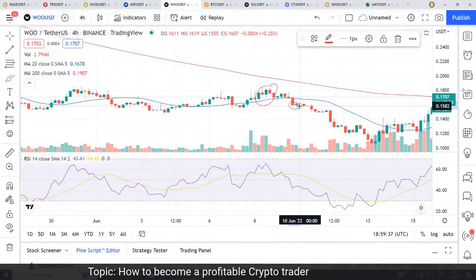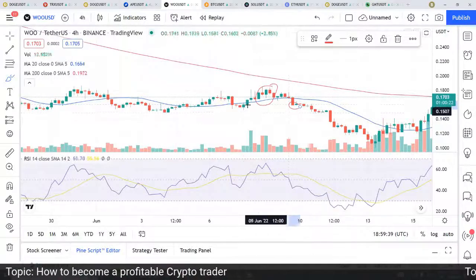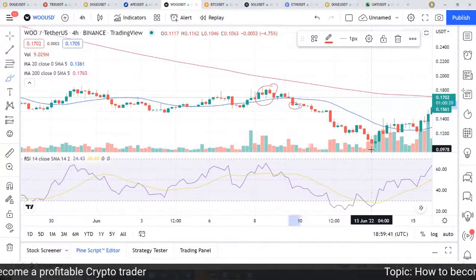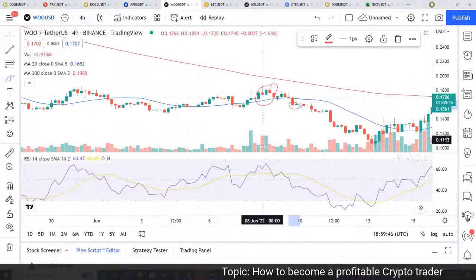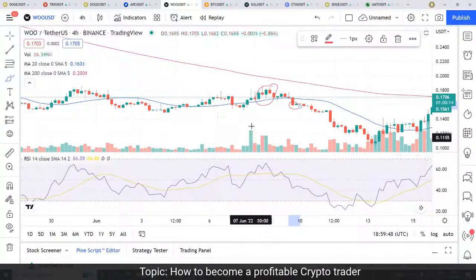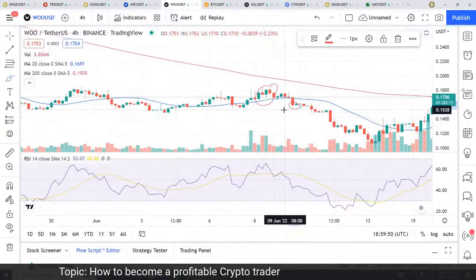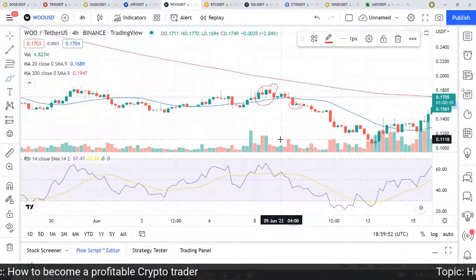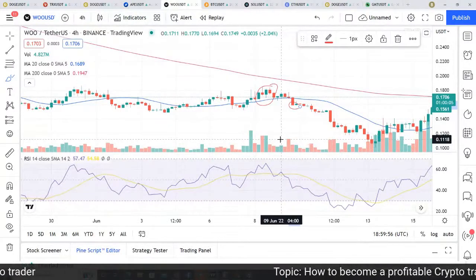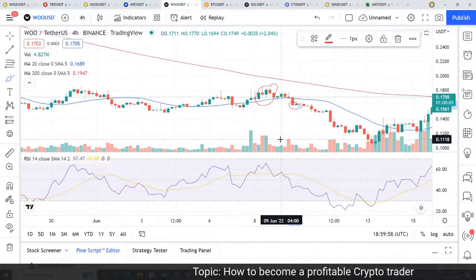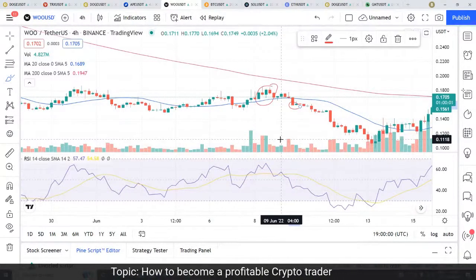Now, your analysis will determine whether to cut your loss here or not. So, technical analysis also helps you to know the time to cut your loss.